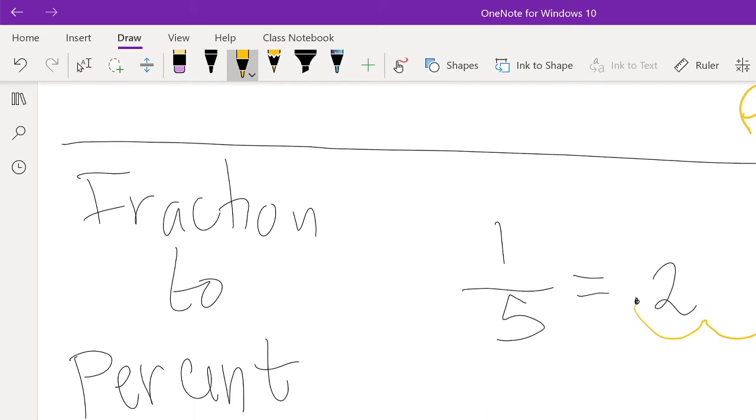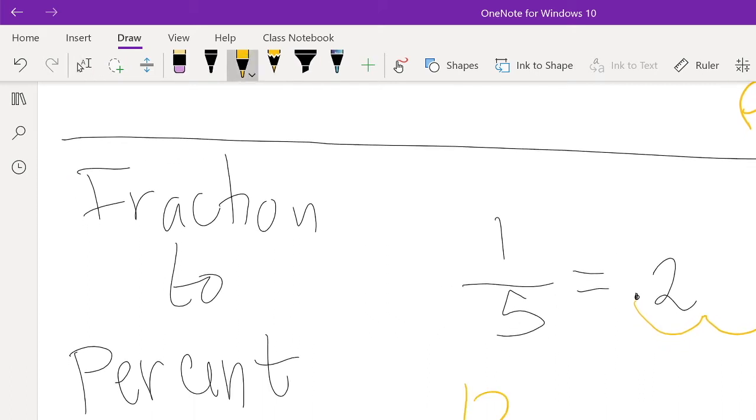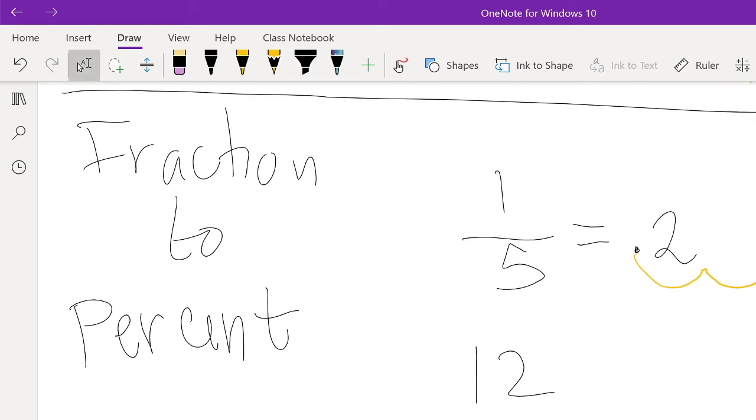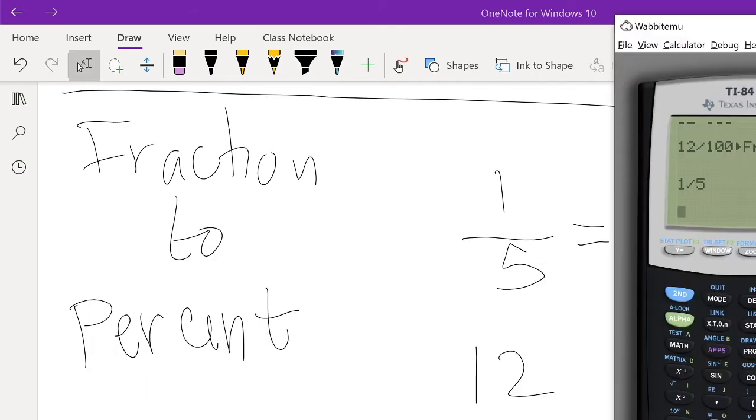Let's say we had, how about 12 over 8. Let's say that I wanted to write this fraction as a percent, so I'll go to my calculator here, and we have 12 divided by 8, and we get 1.5.